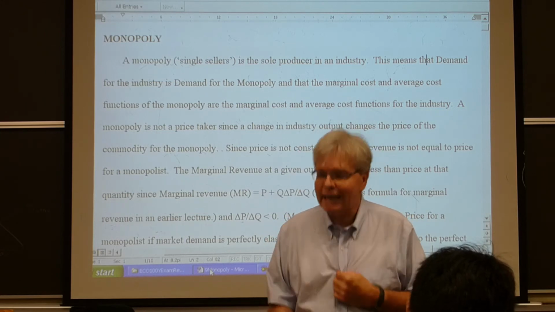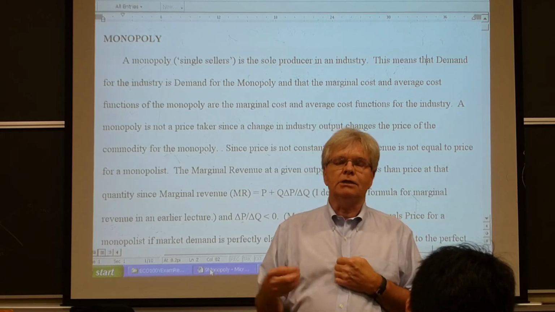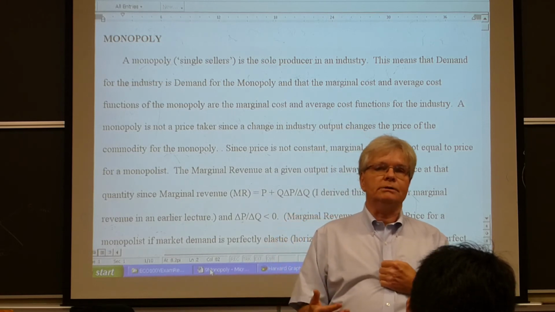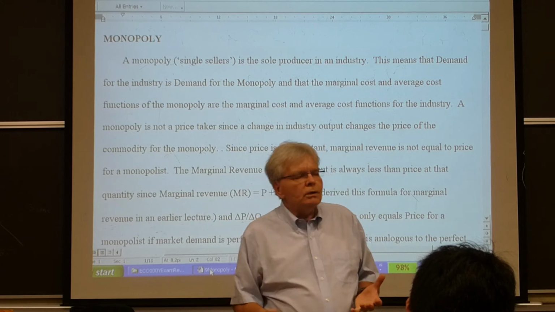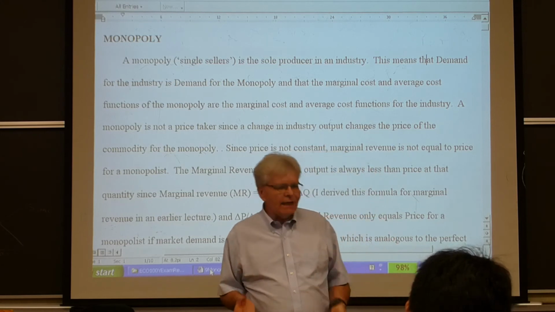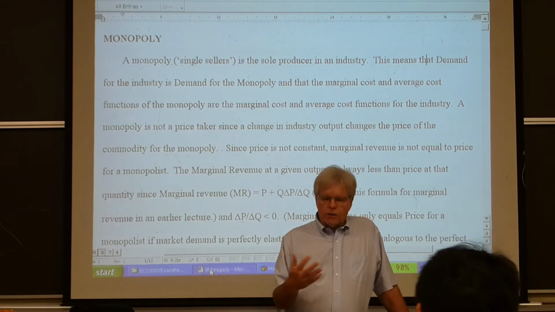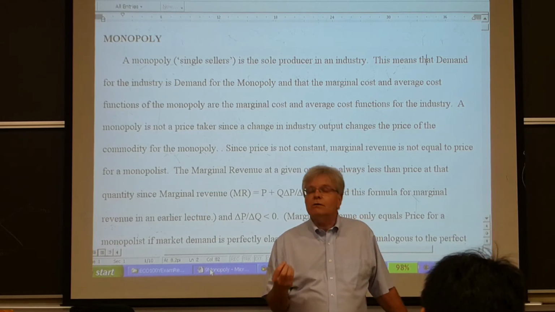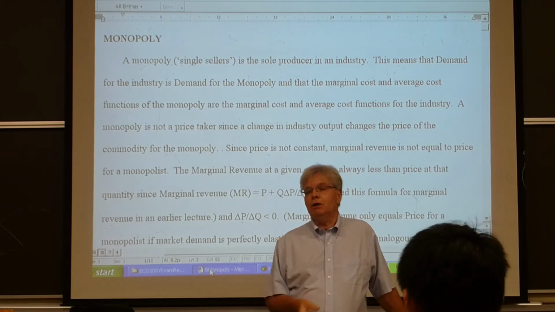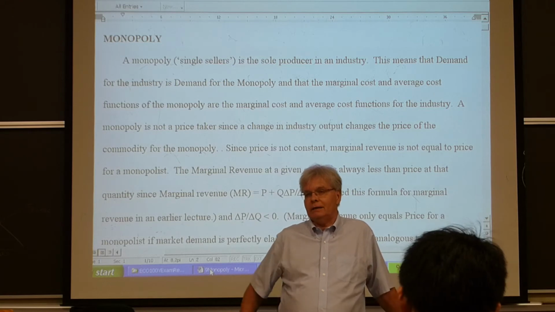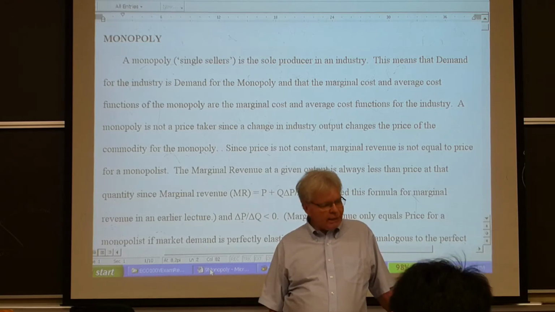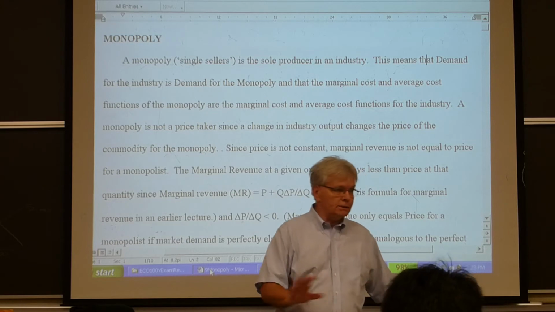So for example, in Canada, Indigo is a natural monopoly in booksellers. There's no room for a company that size in Canada. There was another, Chapters, but Indigo took it over because there wasn't room for two that size. There's only one bookseller in Canada that can produce as cheaply as Indigo.